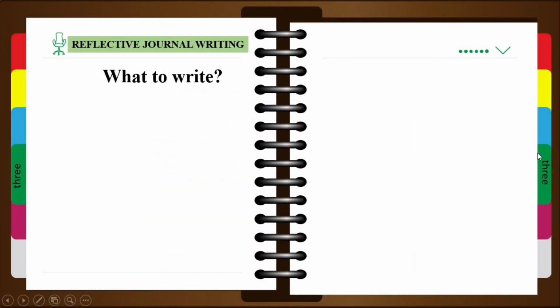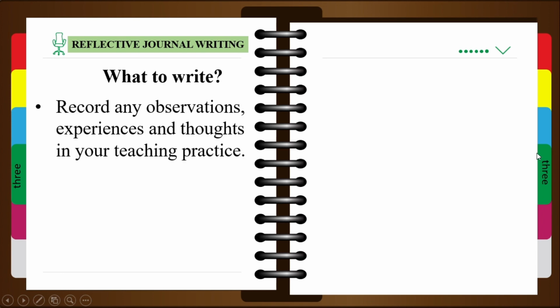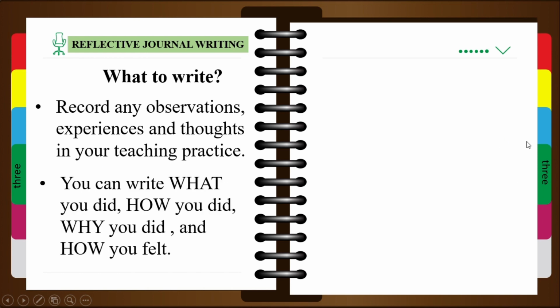So what to write in your reflective journal? You can record any observations, experiences, and thoughts about your teaching practice. You can also write what you did, how you did, why you did, and how you felt.